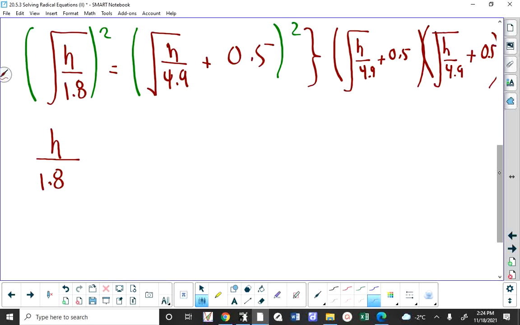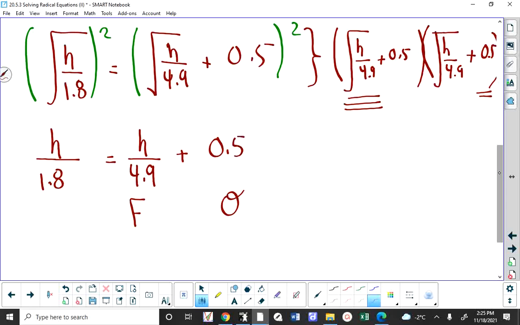But in order for me to square root h over 4.9 plus 0.5, I have to FOIL out a product of binomials. So I'm going to have root h over 4.9 times root h over 4.9, which will give me h over 4.9. That's my first. My outer will be the product of the square root of h over 4.9 and 0.5, which will be 0.5 root h over 4.9.